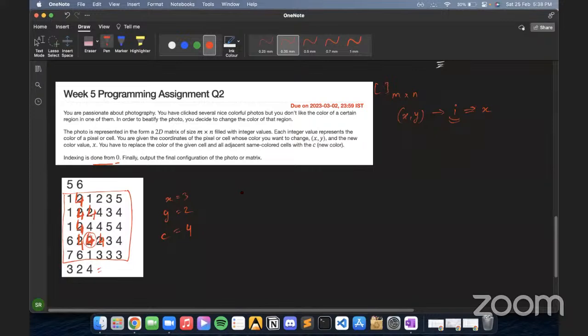We have changed all the adjacent values of the cell. So this is what the problem is about. We have to finally output the final configuration. The final configuration would be 1, 4, 1, 2, 3, 5, 1, 4, 4, 4 again, 3, 4, 1, 4, 4, 4, 5, 4, 6.